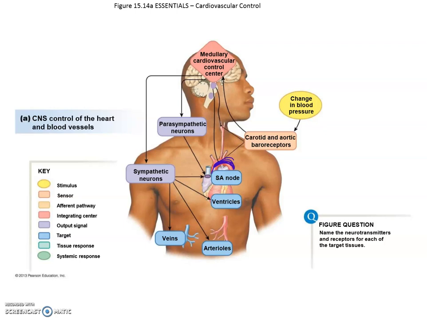You also have baroreceptors in the carotid sinuses right around here in your neck area, and whatever the pressure that's measured here will be reported back to the cardiovascular control center here in the brain stem region right here, and then a response will be sent either via sympathetic or parasympathetic neurons. So you have parasympathetic right here and sympathetic right here.